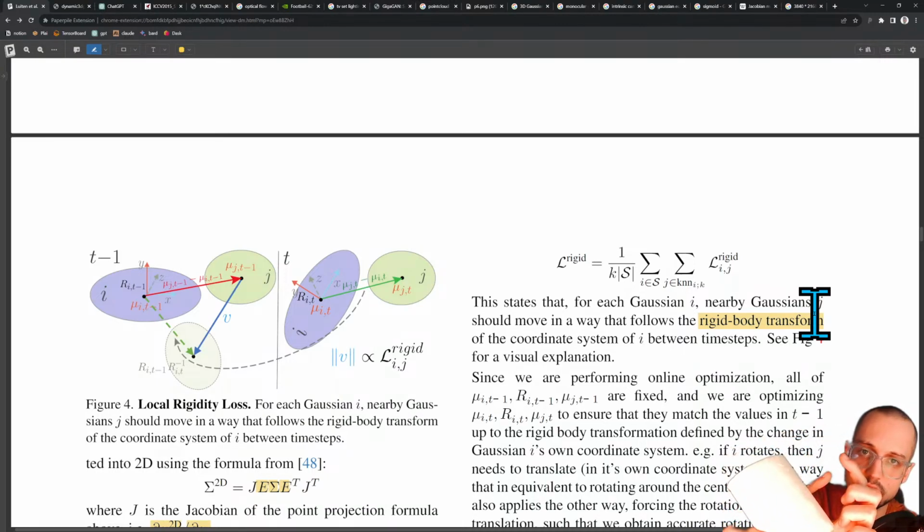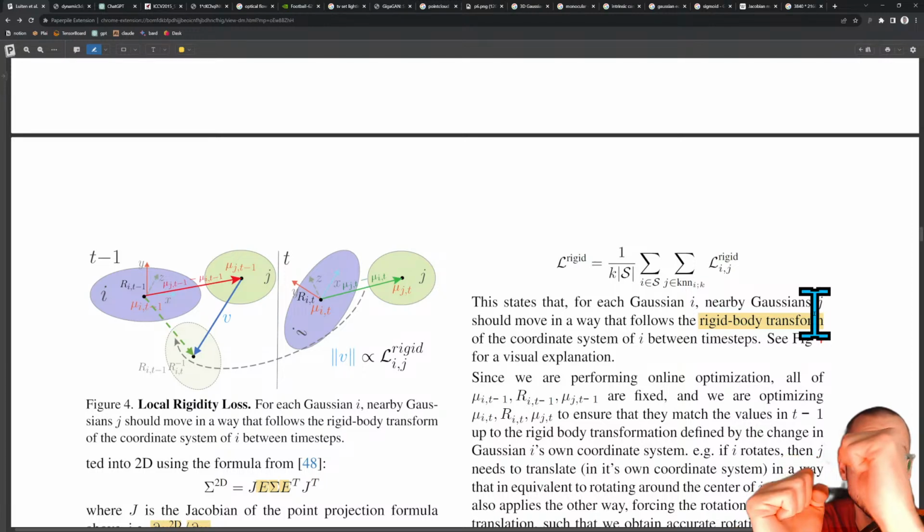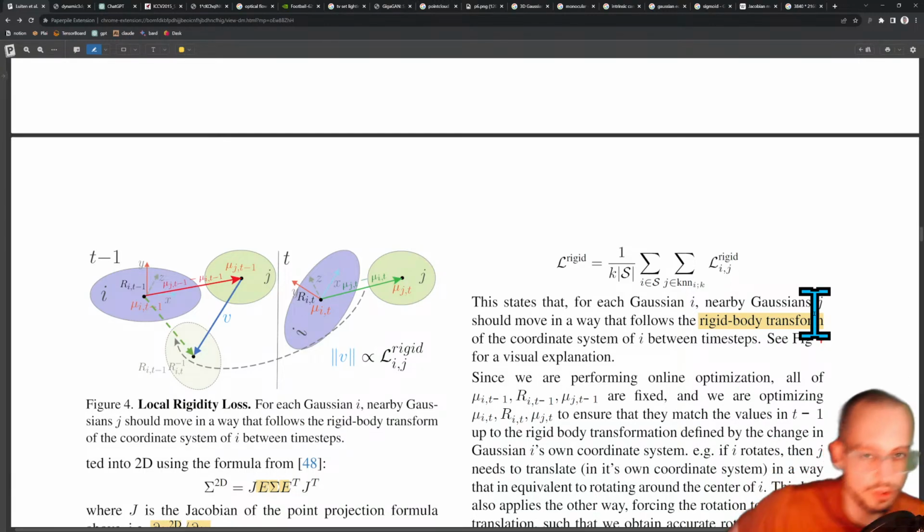The distance between those, it shouldn't just rotate the same. It should follow this rigid body transform. You see how there's a difference there. It's not that you want your 2 Gaussians to both rotate the same way. You want the rotation to be relative to the local rigid body transform of this one. And if you do that for all the Gaussians, then you get this kind of motion of objects.